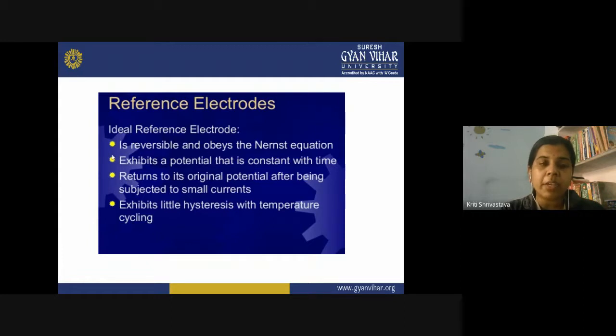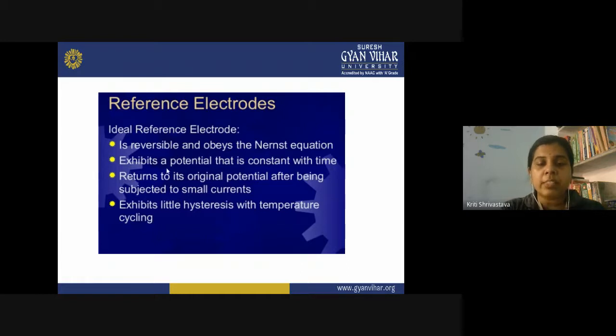When you are performing a redox reaction, that is possible in both directions, so you call it a reversible electrode, or alternatively you can say that a potential can exist on the reference electrode, and also it is reproducible. So a reversible reaction always represents the Nernst equation. Your reference electrode is reversible and it should obey the Nernst equation.